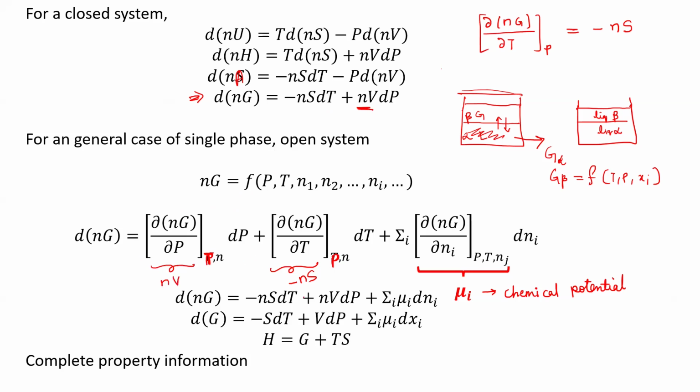So nV dP minus nS dT plus sigma of mu i into dni. So we have these relations.